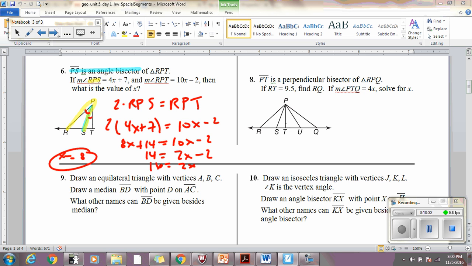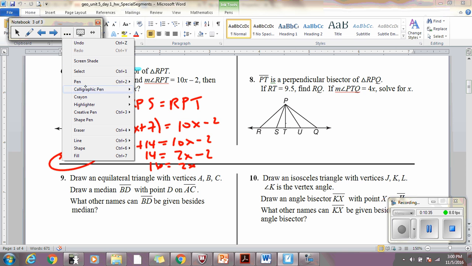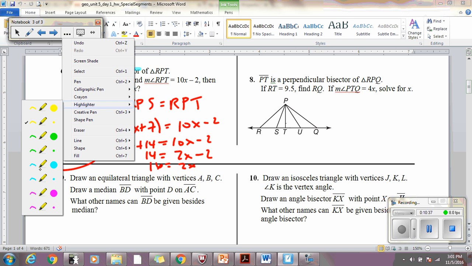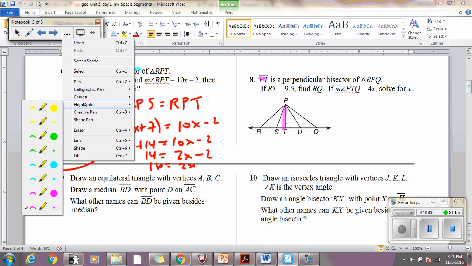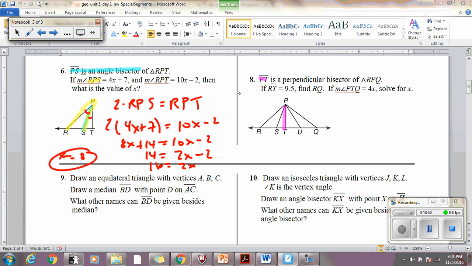On number 8, we're told that PT is a perpendicular bisector. Here's PT, and it's a perpendicular bisector of triangle RPQ. So let's trace RPQ.